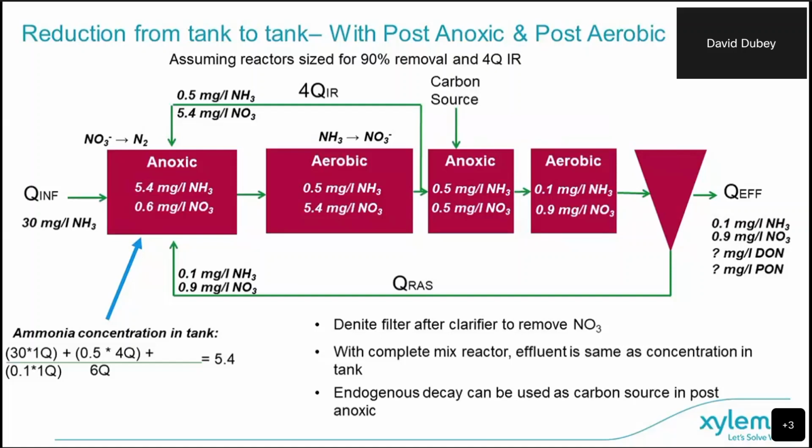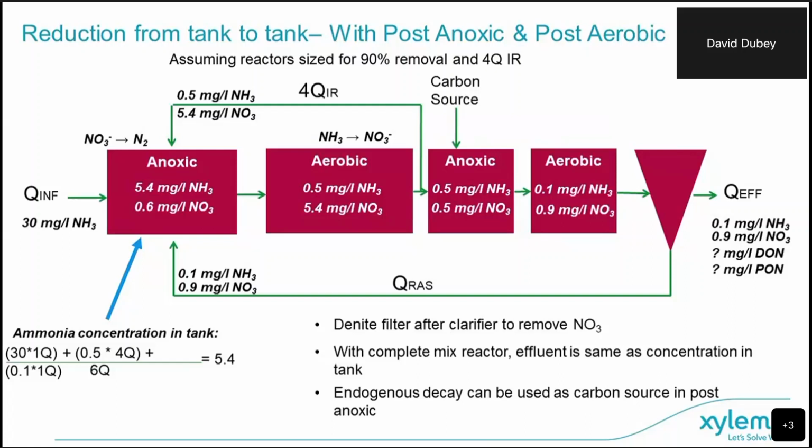When we get to the post-anoxic, we're going to have the same ammonia. No more ammonia is going to be broken down there. We're going to break down this nitrate, and if we get 90% of it, we're down to 0.5. Then when we get to the post-aerobic, we'll get rid of that little bit extra of ammonia, 90% of that out. That gets us down to 0.05 or rounded up to 0.1 of ammonia, and no more happens with the nitrate.